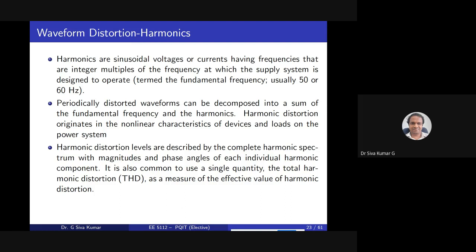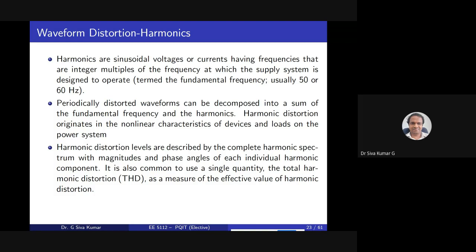And how do you estimate the harmonic levels? One of the quantities is the total harmonic distortion. We'll try to see this particular thing in the next class, where we are discussing harmonics. Okay, it is a measure of the effective value of the harmonic distortion.